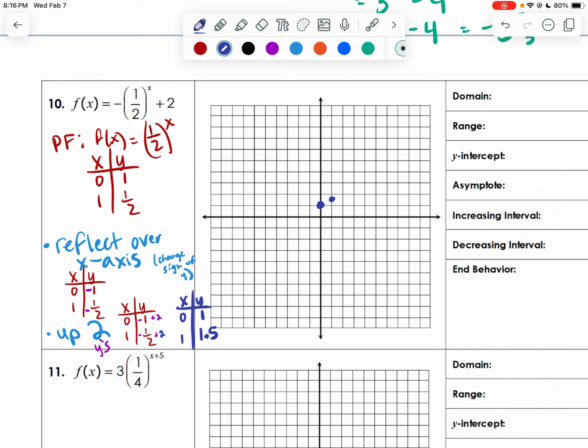Now you also have to think about what's happening to the asymptote. That's super important because that's going to tell you where your graph is flattening out, right? So before it would have been at 0. Now we're changing it to be, you can't really flip a horizontal line, but it is going up 2.